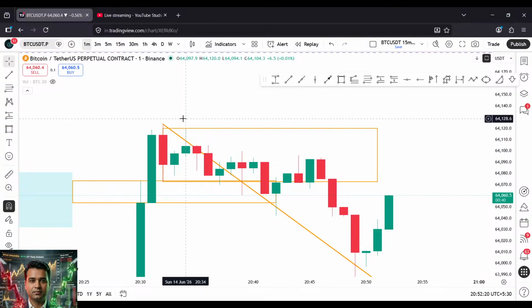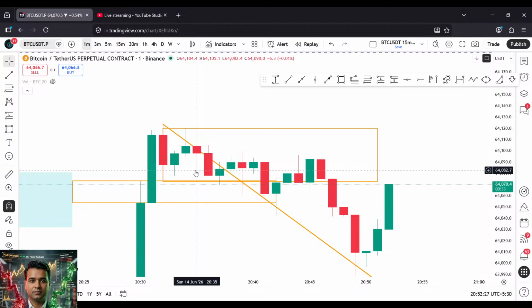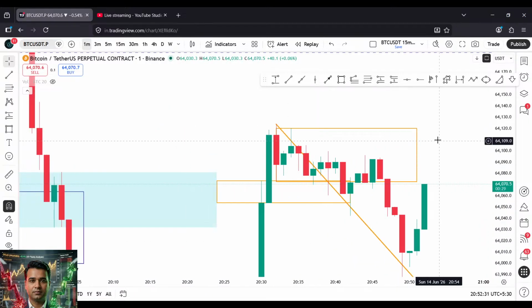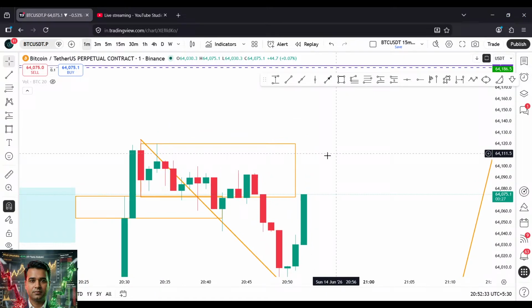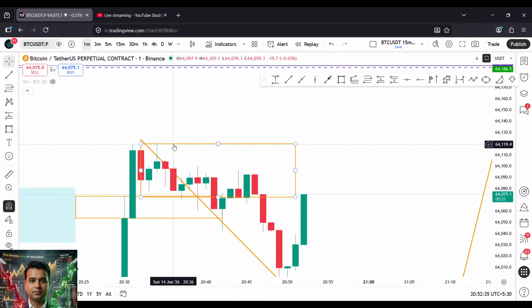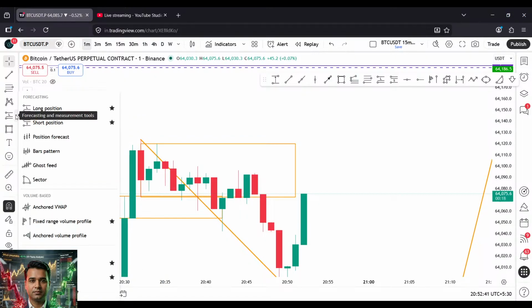Either you can take this whole, or if you want to reduce your risk, you can take the zone from here like this and cover this to the top. So the short position will be like this.